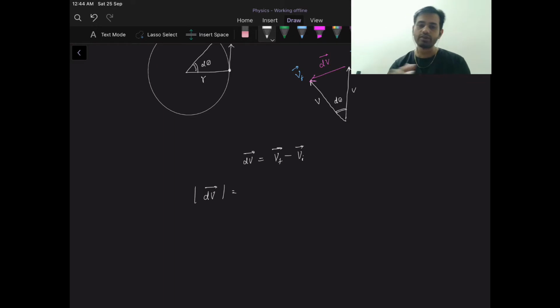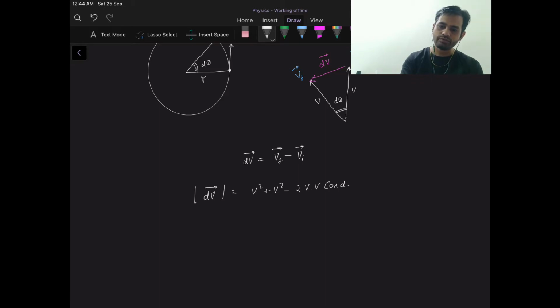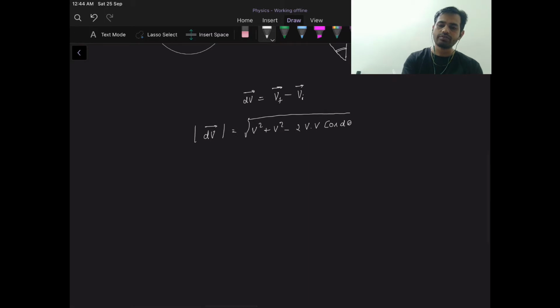So this equals the square root of v square plus v square minus 2 into v into v into cos of d theta.